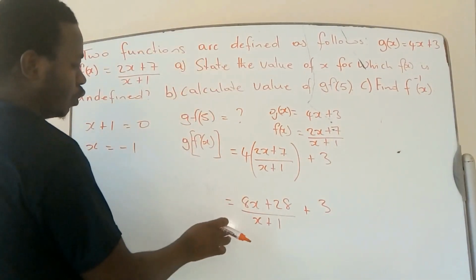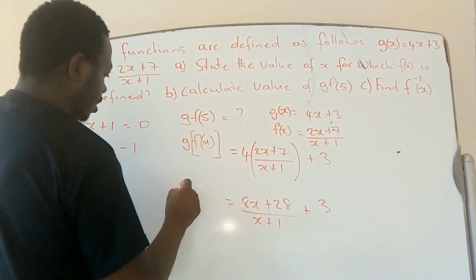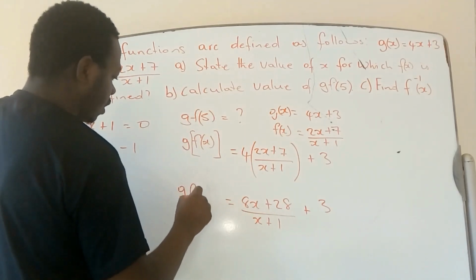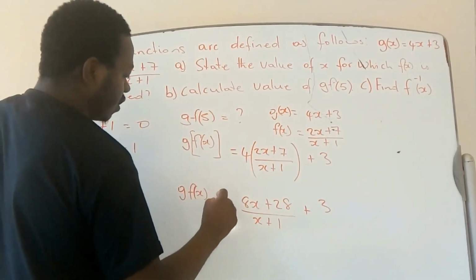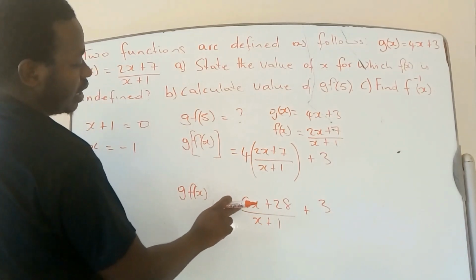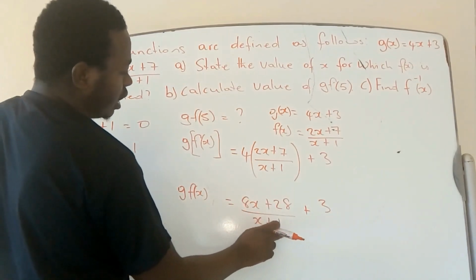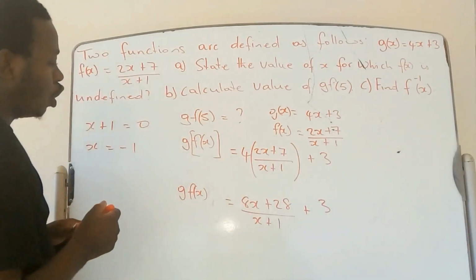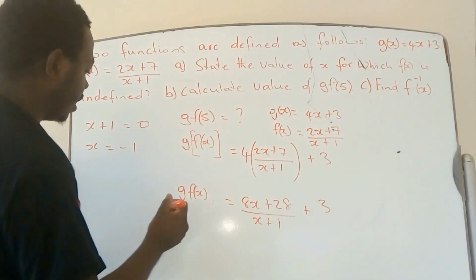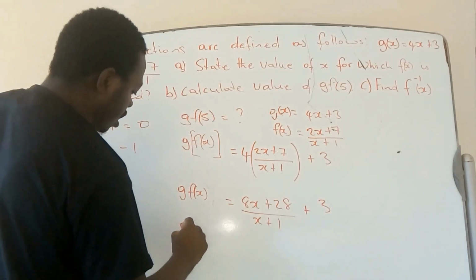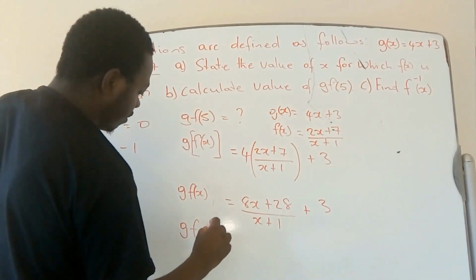So we now know that g of f of x is equal to 8x plus 28 all divided by x plus 1, plus 3. Now we can go ahead and evaluate g of f of 5.